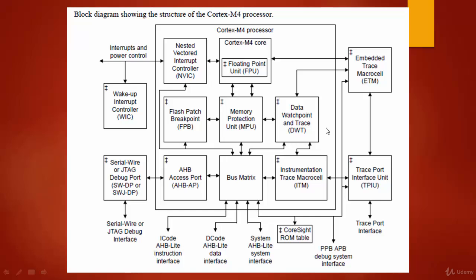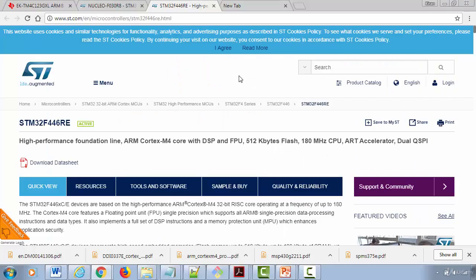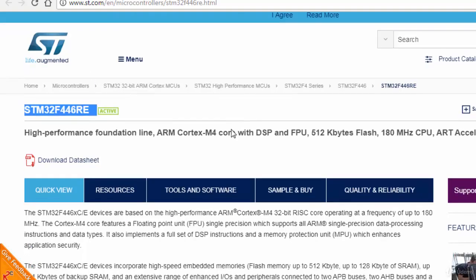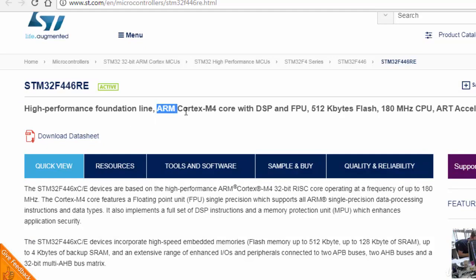So now let's see what exactly is the difference between a Cortex-M4 processor and a microcontroller. To understand this, let's take an example of a microcontroller which is there in the market: the STM32F446RE, which is designed by ST Microelectronics, and they say it's a Cortex-M4 core with DSP and the FPU unit.